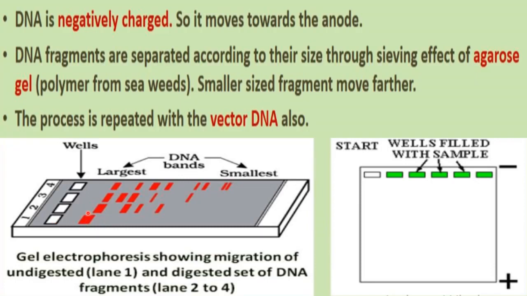And all these other lanes 2, 3, 4 represent digested DNA. So in these wells we fill the DNA which is incubated with restriction enzyme, means the digested DNA, right? So the digested set of DNA fragments are in lanes 2, 3 and 4.